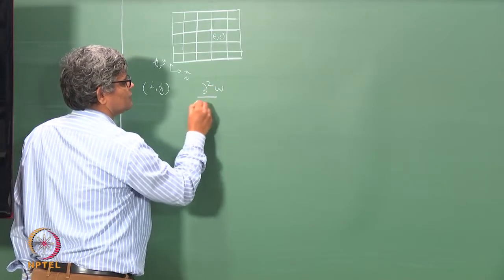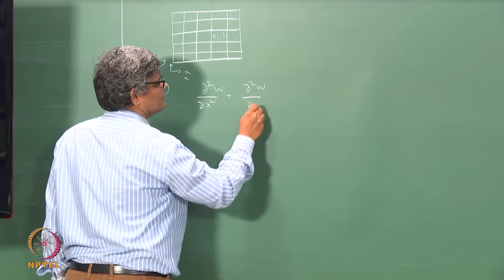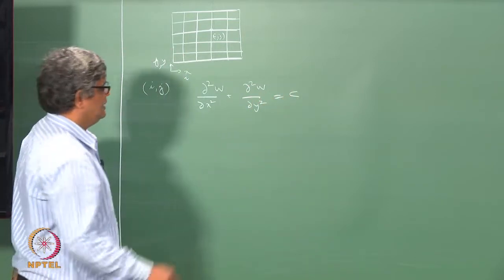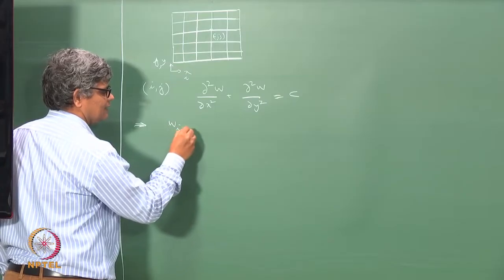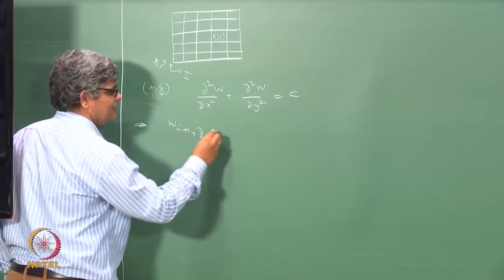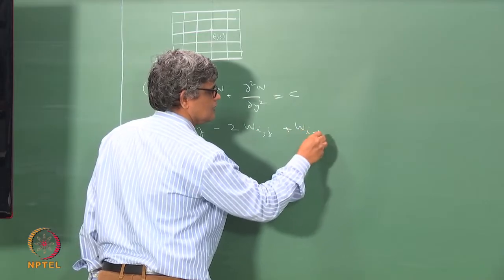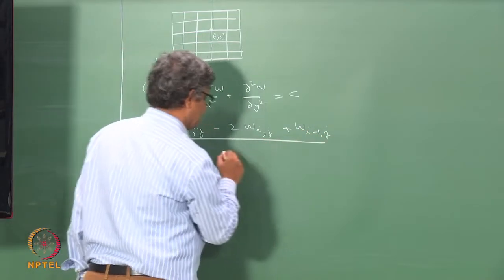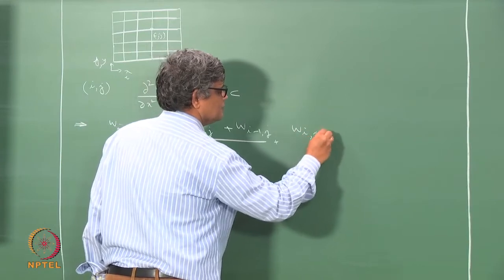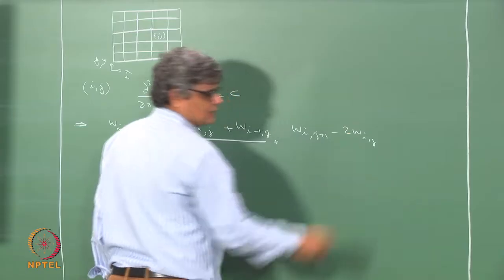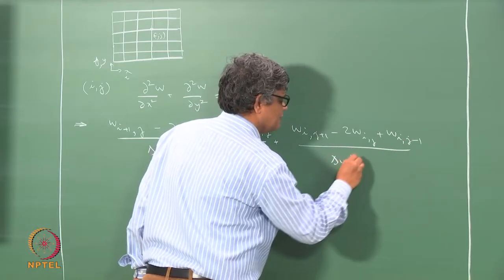And the governing equation, which is ∂²w/∂x² + ∂²w/∂y² = c, was converted into (w(i+1,j) - 2w(i,j) + w(i-1,j))/Δx² + (w(i,j+1) - 2w(i,j) + w(i,j-1))/Δy² = c.